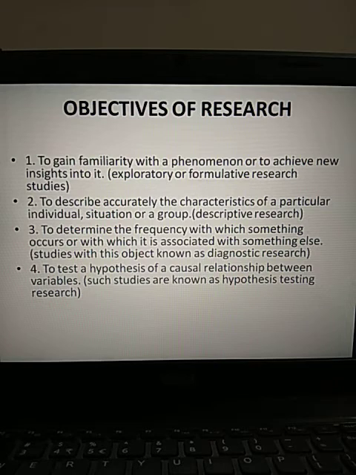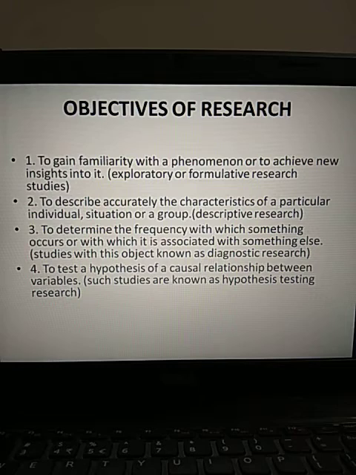To test a hypothesis of a causal relationship between variables. Entire research depends on variables. Constants, variables, very well. Variables means always that which changes. Our thought process always changes. Our age will change. Isn't it? In this world, few kinds of things are there which always change. We call them variables. Few things are there which never change.